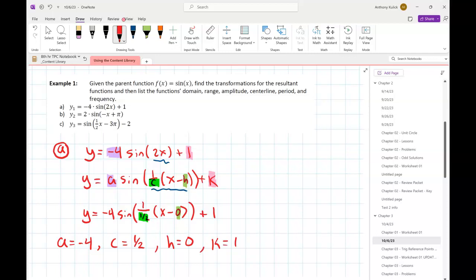Is everybody okay with how I came up with the values for A, C, H, and K? Again, how often are you going to have to do this skill of figuring out the values for A, C, H, and K to do problems in Chapter 3?